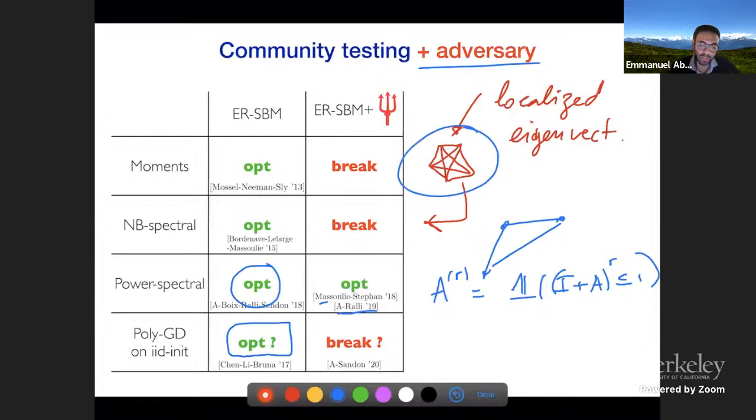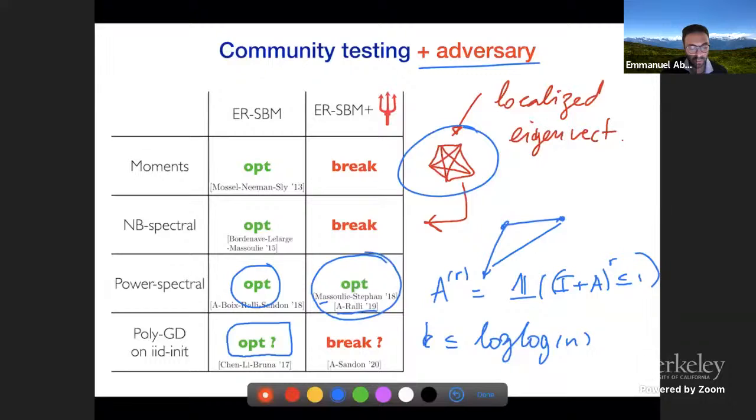Here, what the adversary would do is it will take all the cycles of length k, which is less than log n, and it will break those cycles. And if you break all these short cycles, then we believe that you can still succeed with power spectral, that has been proved.